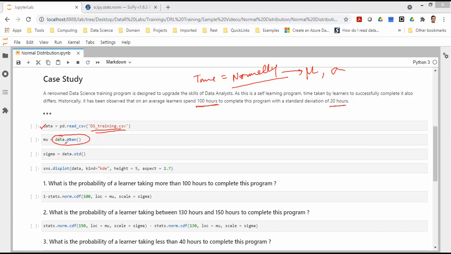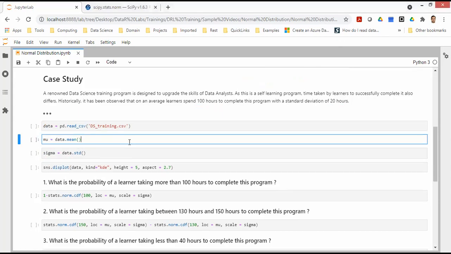So I take the mean of all these 200 hours and fetch it into a variable called mu. Similarly, the standard deviation is taken in the variable sigma, and then I use both these variables in the subsequent code. Now let's start executing all these one by one.